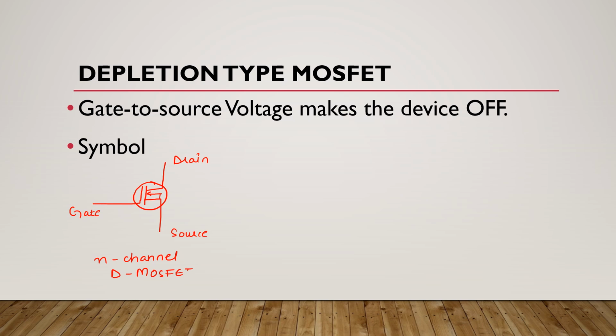Now what about the symbol for a P channel D MOSFET?